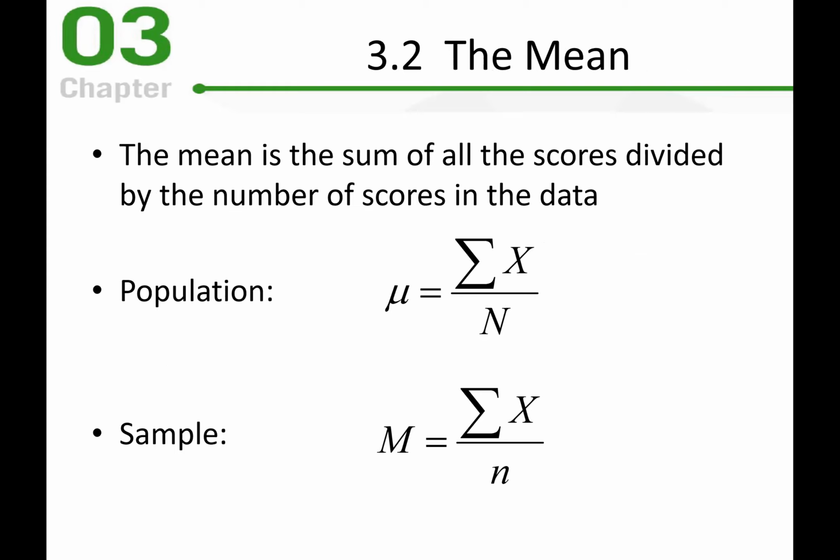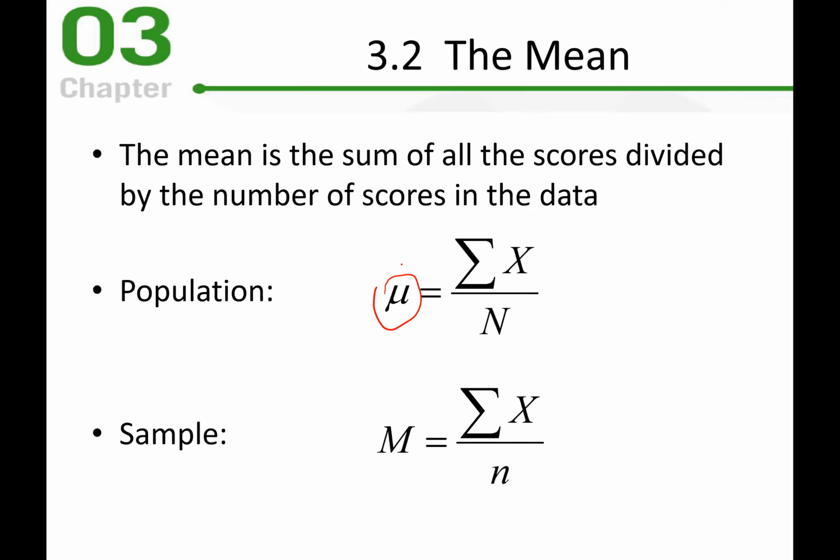If we're dealing with a population, they're not going to say, give me the population mean. They're going to have this symbol right here, which is pronounced mu. It's a Greek symbol, and it means the population mean.